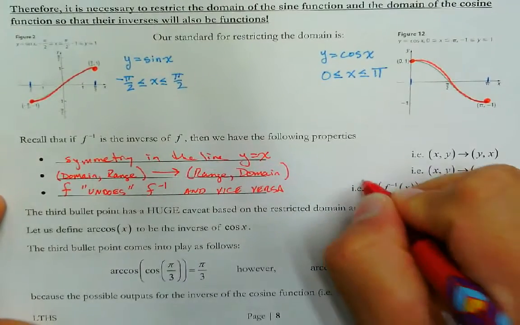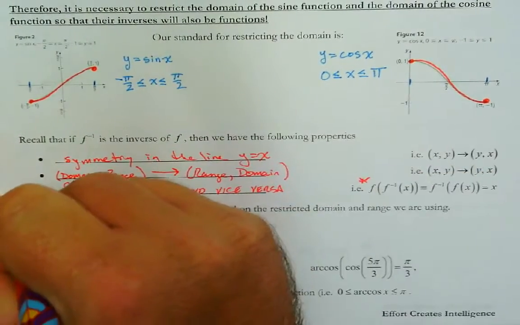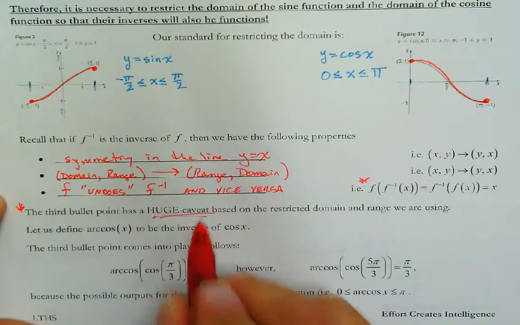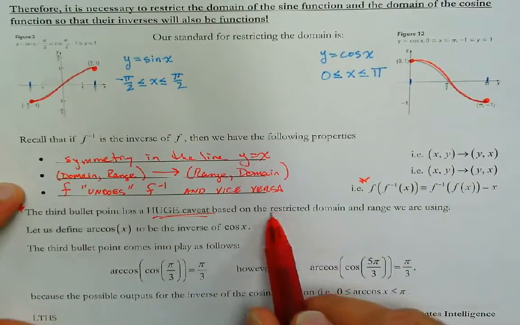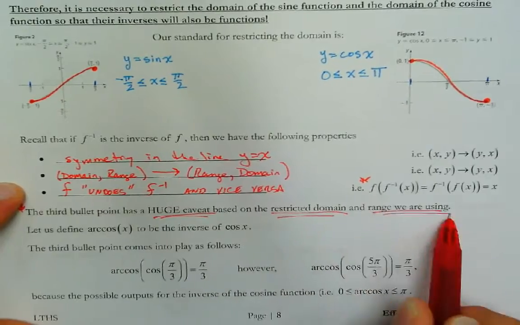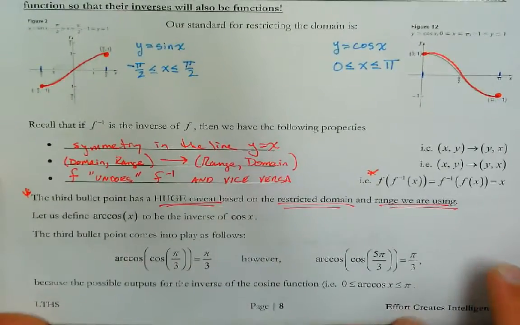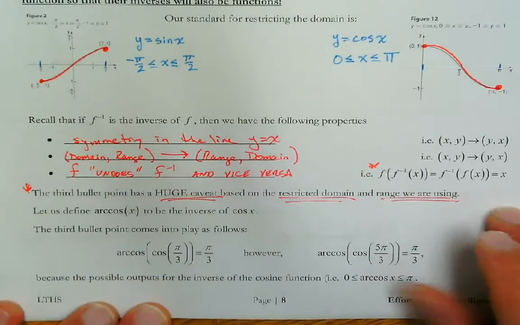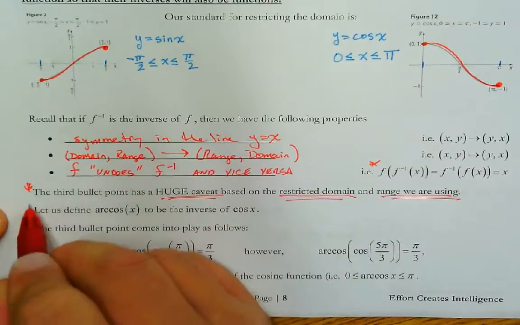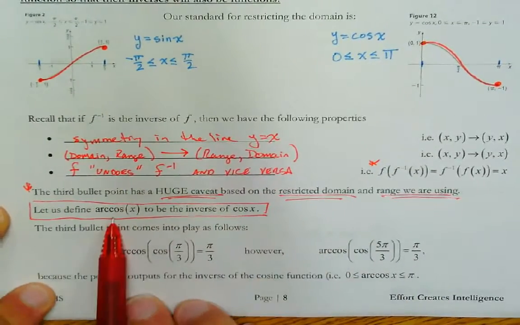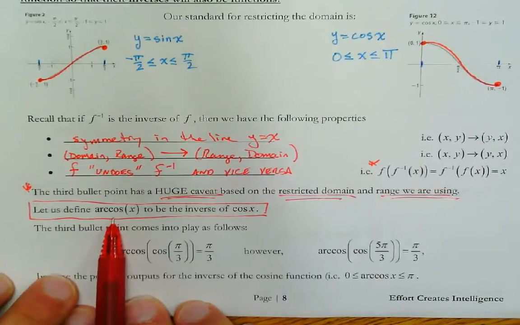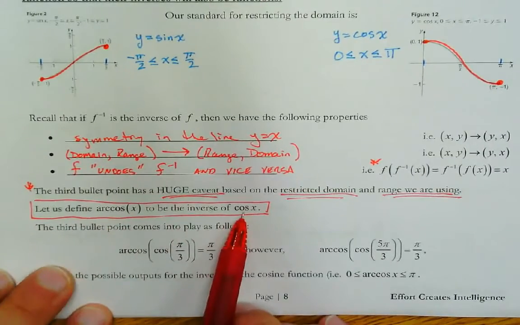However, there is a huge caveat based on the restricted domain and the range that we are using, and we're going to see this example. Let us define arc cosine of x to be the inverse of cosine of x.